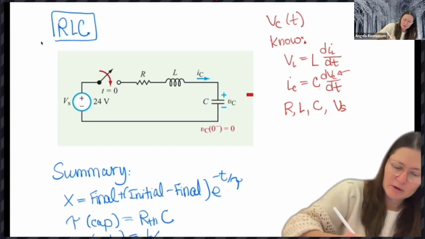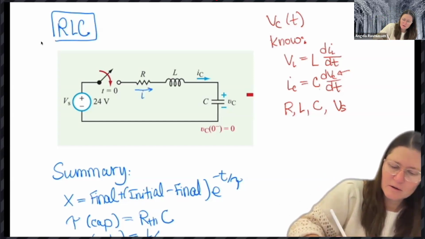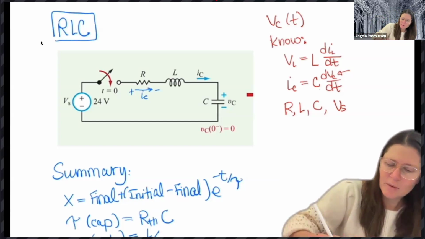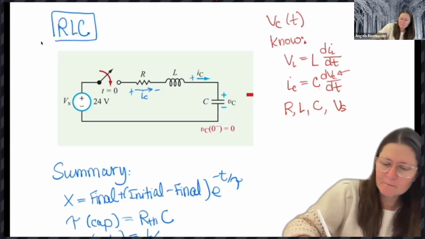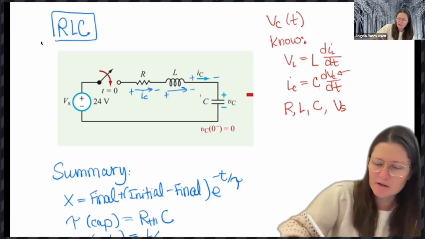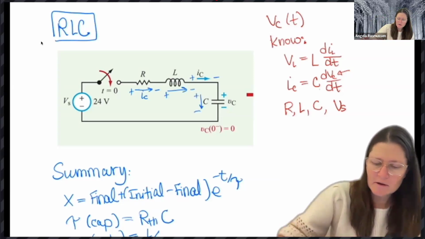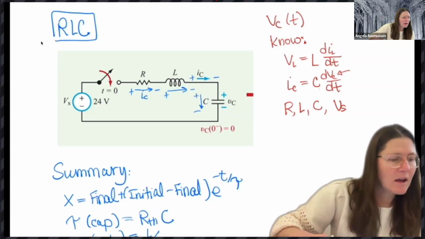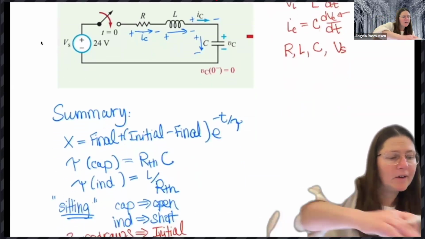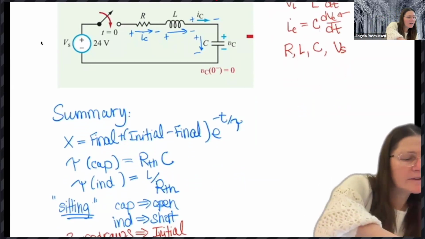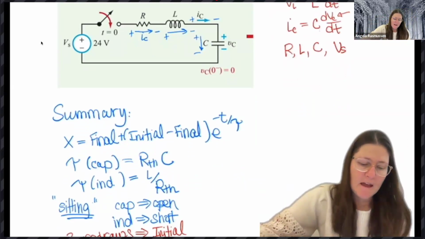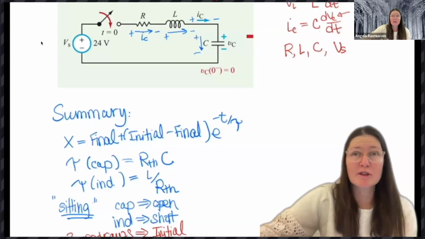I'm going to label IC through each of these, and it's going in this direction. It's not going to help me to know what the initial value here is, because what's going on?